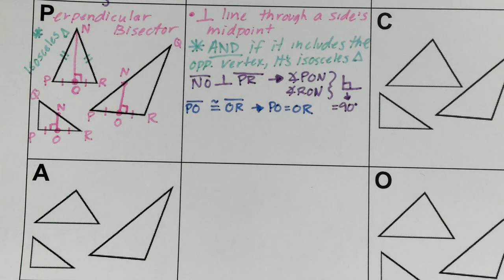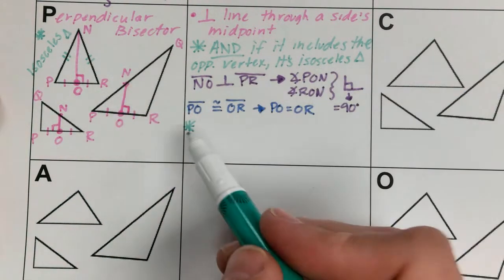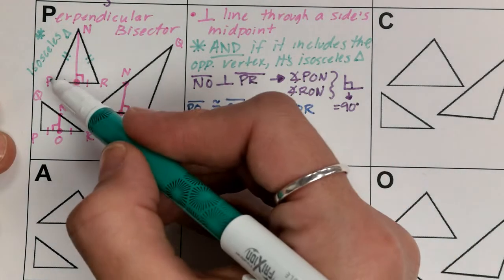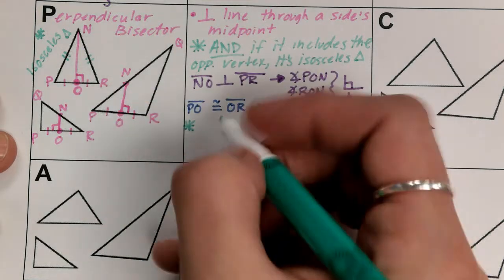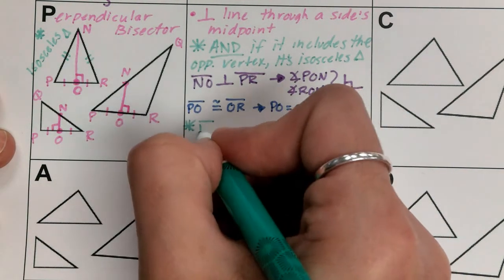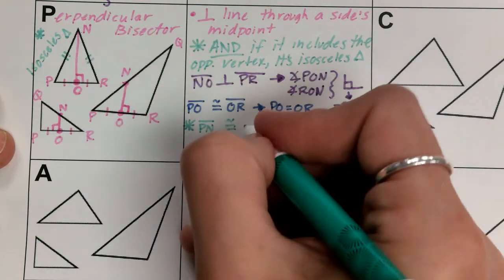And in the rare case of this isosceles triangle, our special little case, I'm going to put that little asterisk again, making sure we realize it matches with only the isosceles triangle, we're going to end up with two congruent sides. So now we have on the isosceles triangle, segment PN is congruent to segment NR.